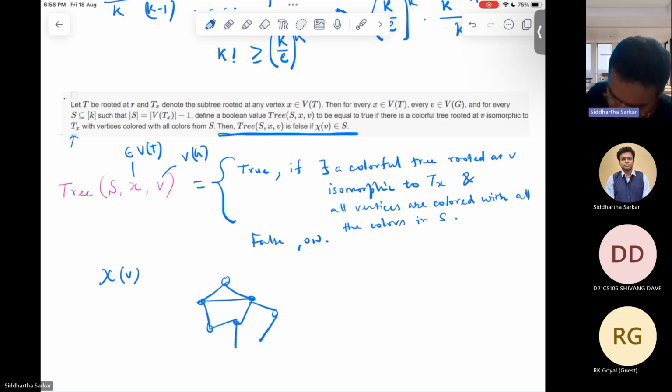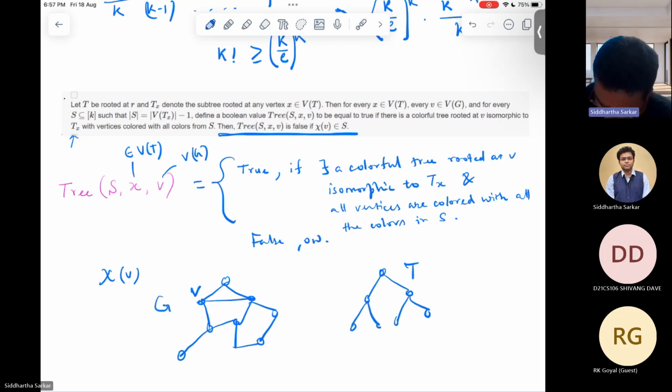So let us say this is the graph G, and this is V. And there is a tree also, this is T. I'm just making this up.